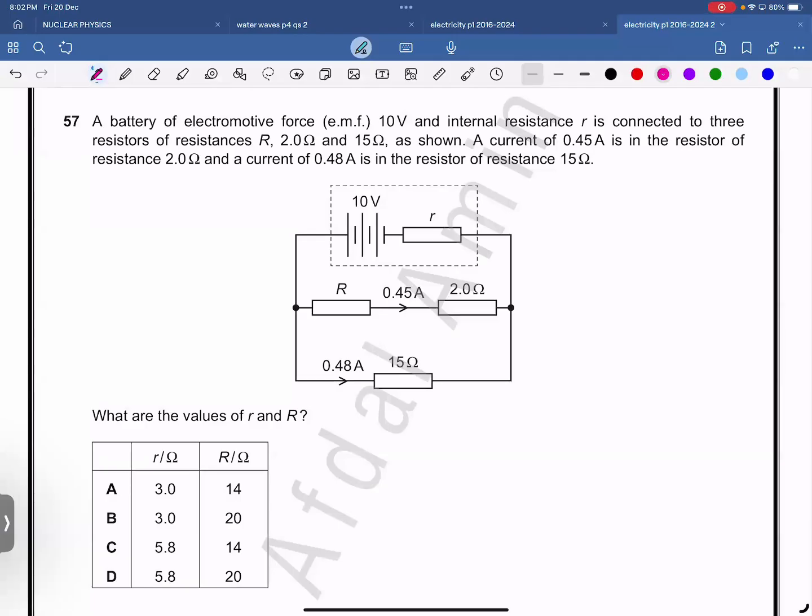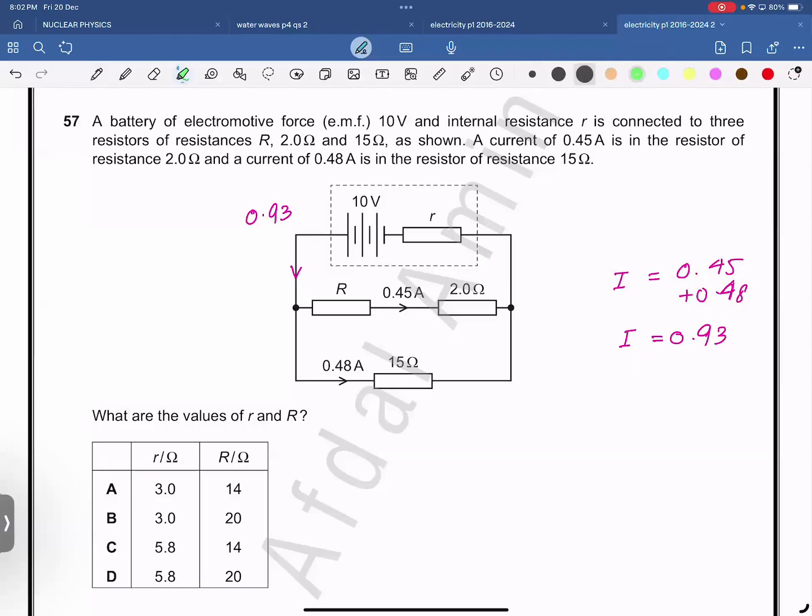I just need the first law. First law says current entering is equal to current leaving. So current is 0.45 plus 0.48, which is 0.93.